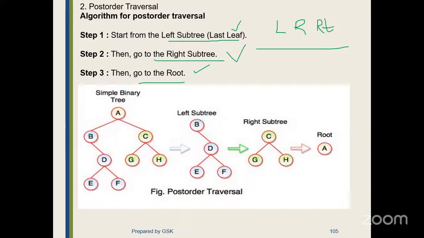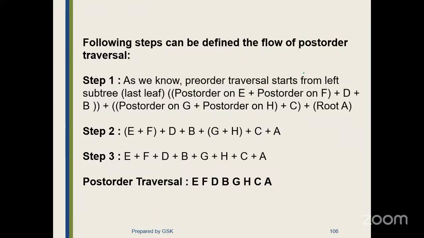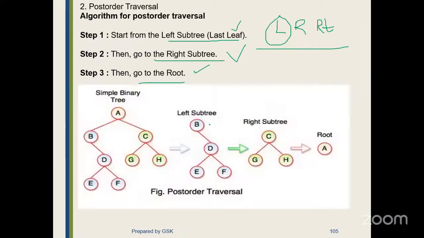See the same tree. The left subtree is B, D, E, F now, and the right subtree is C, G, H. What is the root? A. Now, as per the formula, we need to go through the left subtree. In the left subtree, we have B, D, E, F. In the same way, we need to go for L, R, root.